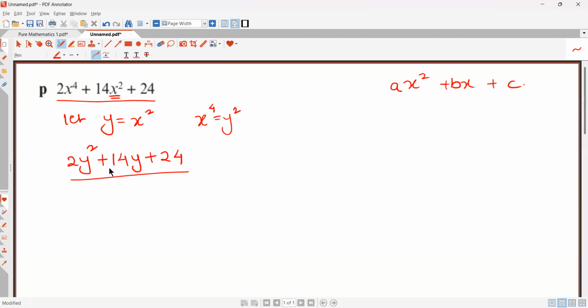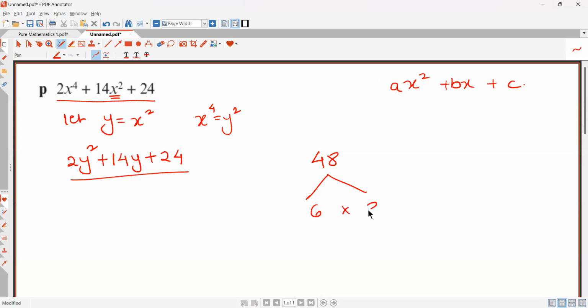Does it look like a proper quadratic equation now? Yes, now it does. Now, 24 multiplied by 2, what is it? 48. Can I divide the 48 into two parts? 12 into 4 is 48. Or what else can it be? 6 eights are 48, and 6 and 8 is 14.